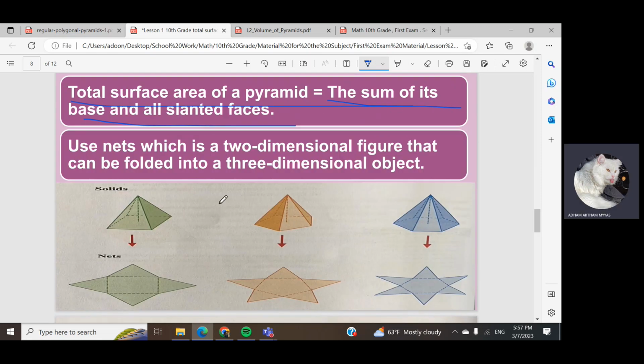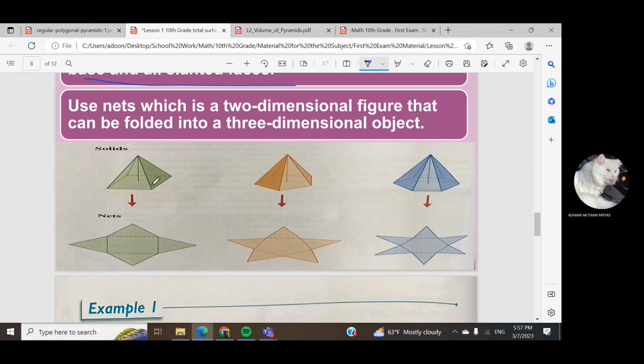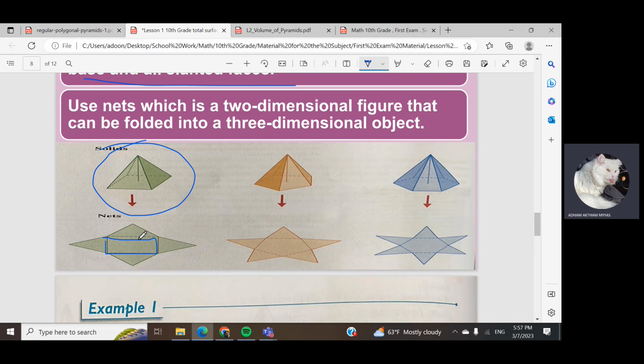I'm explaining how I calculate it. I'm calculating the base area for this one. Maybe this is a square or rectangle, so it's obvious for us to see it as a rectangle or square.